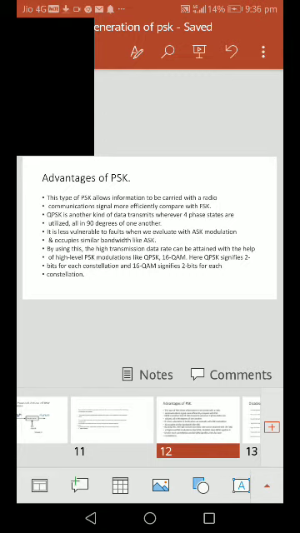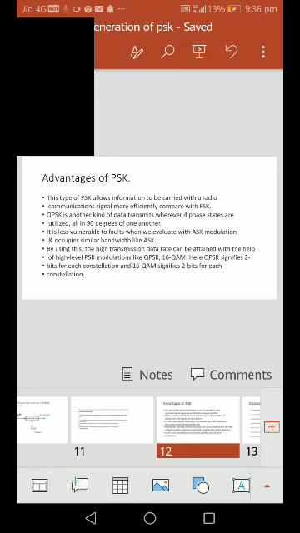The advantage of PSK: this type of modulation allows information to be carried over the radio communication signal more efficiently compared with frequency shift keying. Quadrature phase shift keying is another kind of data transmission where four phase states are utilized, all 90 degrees from one another. It is less prone to faults when compared with ASK modulation and occupies similar bandwidth to amplitude shift keying.